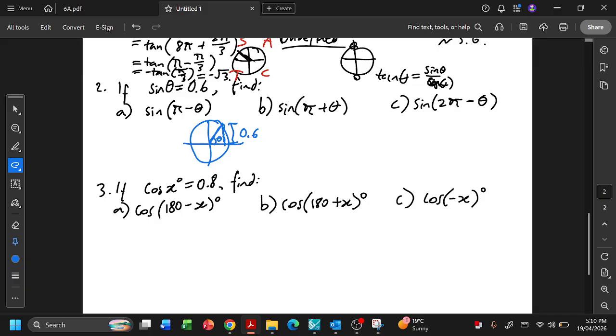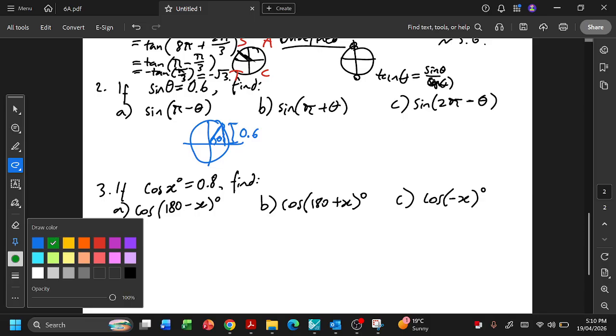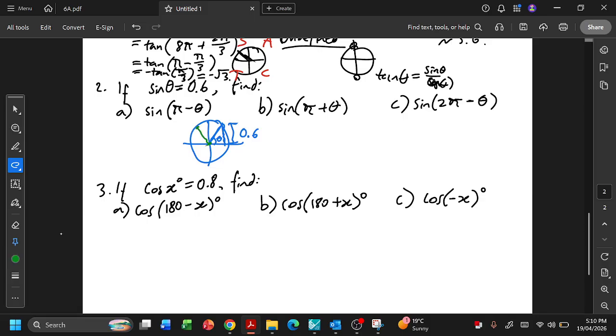So now the question is asking us, what is sine of pi minus theta? So pi minus theta is going to be over here. That is to say we travel pi radians around the outside and then back theta. So that puts us right here on that little triangle. We can see that that point there, at that position on the unit circle, has the exact same y-coordinate as the one in the first quadrant over here.